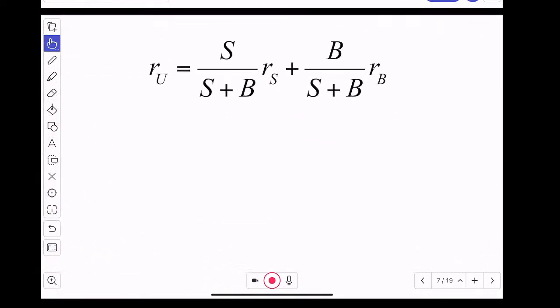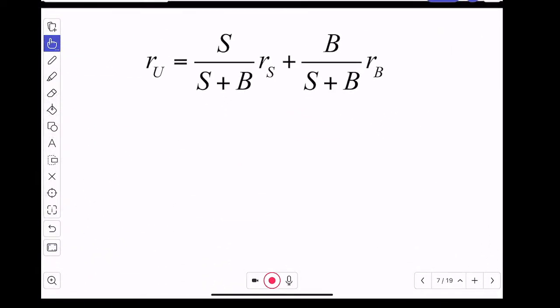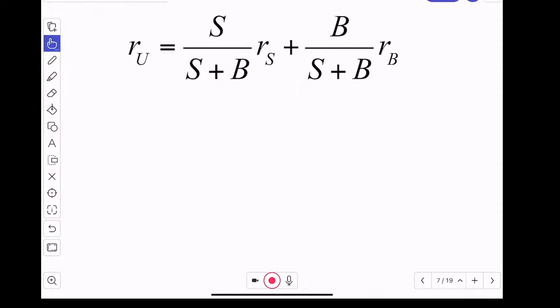All right, now what I want to do is isolate S. So I begin by moving this term to the other side. Like that.